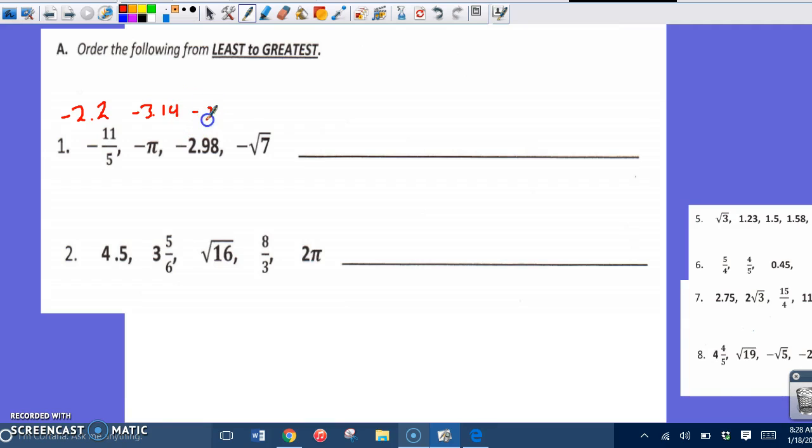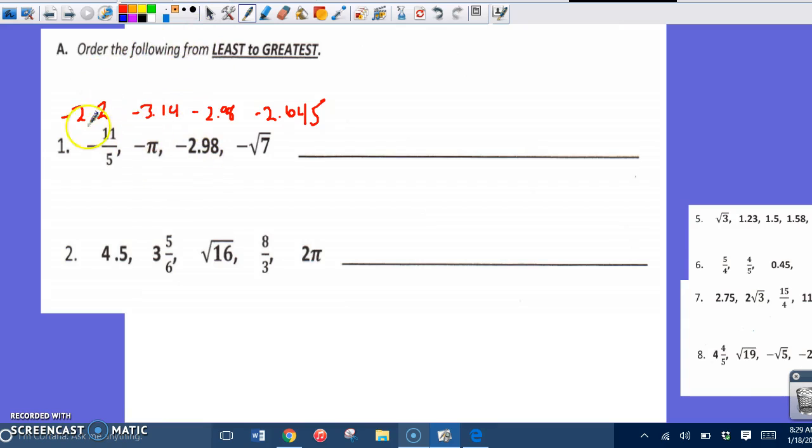So I have negative 2.98, okay? And then the square root of 7, negative. Remember, if you have problems with the square roots and determining them, since you're not using a calculator, ask me for help, and I will help you determine the square roots of numbers, especially if they're not perfect squares, okay? If I do this, I have negative 2.645. Now that they're all in decimal form, it's much easier to see the numbers from least to greatest.